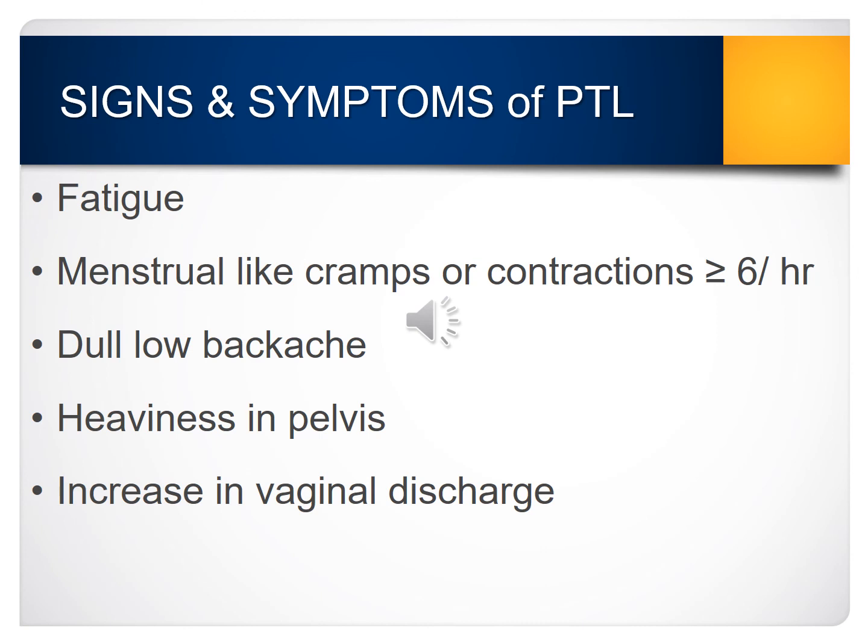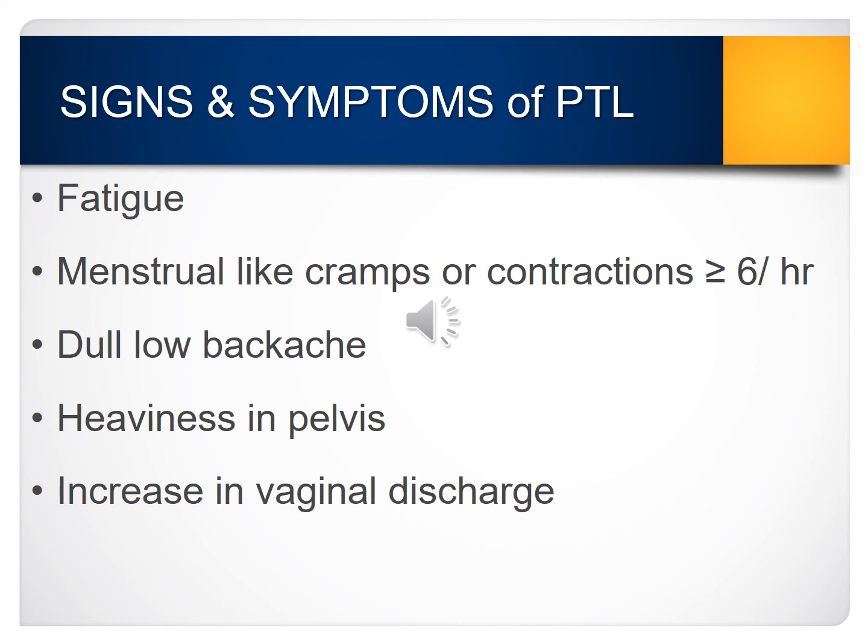Here I've listed some general signs and symptoms of preterm labor, and again, some women may not experience any of them, some may experience all of them. A woman would complain of having menstrual-like contractions or cramping, and it's been going on for some hours now.